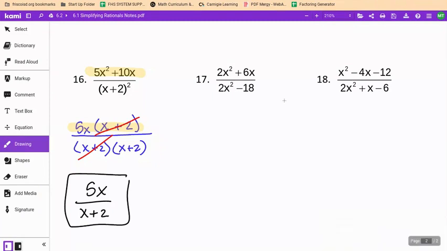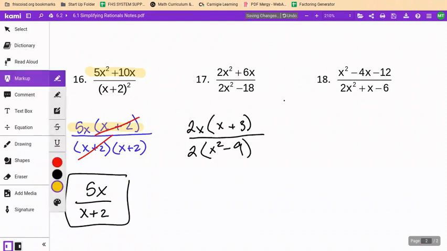All right, so with number 17, we are going to need to factor both the numerator and the denominator. The GCF for the numerator is 2x, so that means I have 2x times x plus 3. And then the bottom factors to be 2 times x squared minus 9.